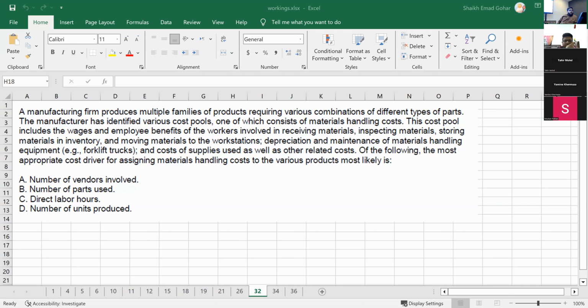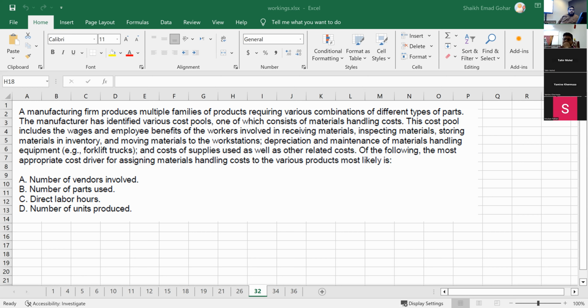So you need to identify what should be the cost driver for material handling cost. And no need to read from the top anymore. If you are smart enough, you can easily answer the question. Because on the top, they are just giving you an idea about the business. But the main question is, what is the cost driver of material handling cost?